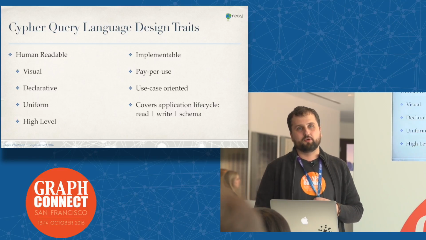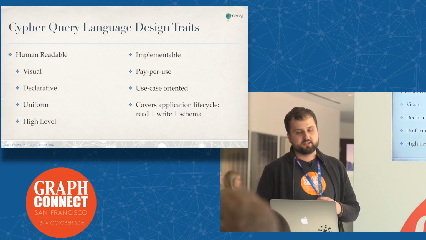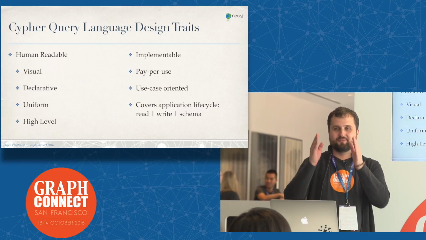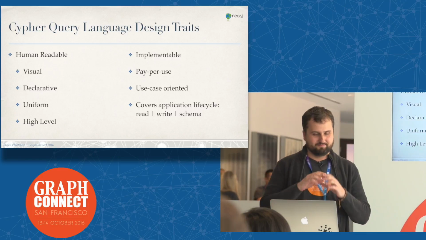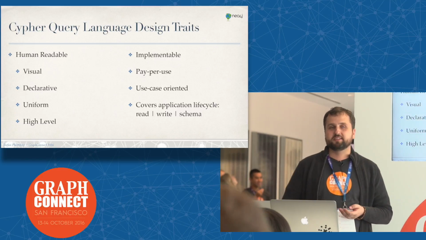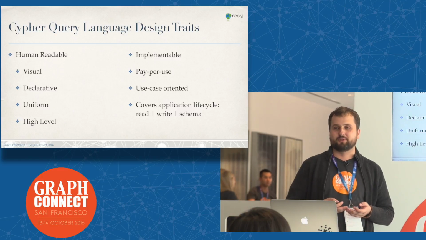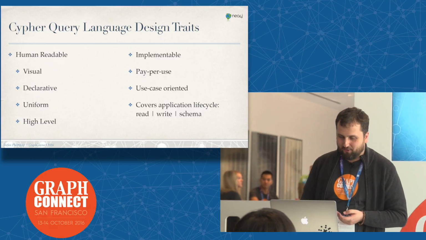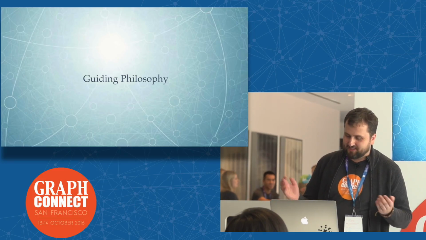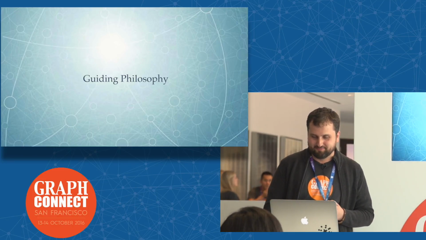If you know a bit about language design in the Python space, they have this thing called the Zen of Python, which is like this little list of one-liners describing how you should go about language. And we did the same for Cypher, and this is what this talk really is about. So let's do that. We call it the guiding philosophy, because we didn't want to steal the name from Python. That felt kind of cheap.